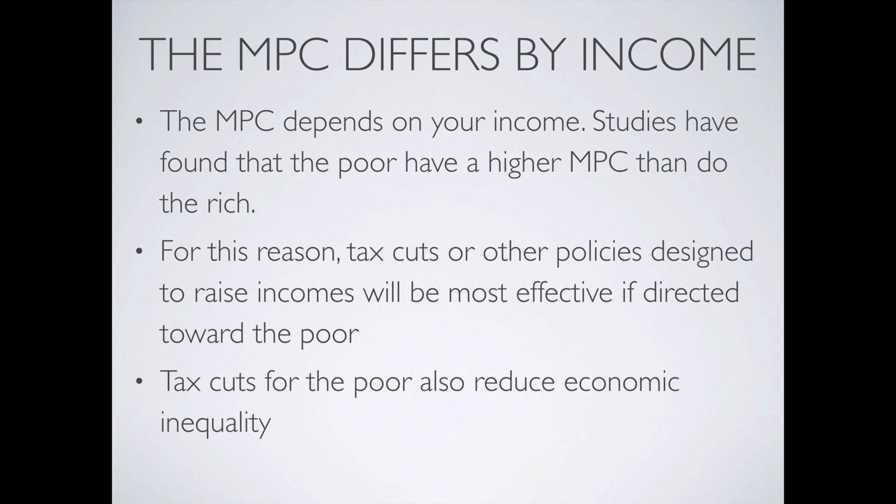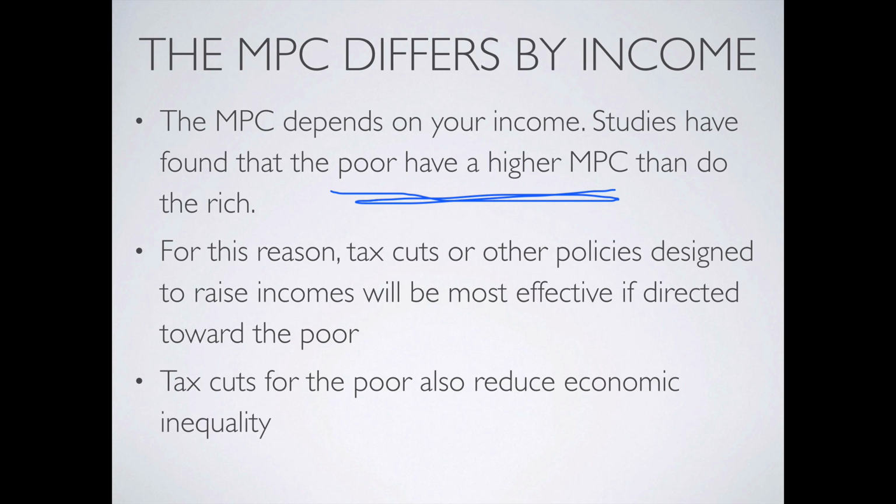Now, the marginal propensity to consume differs by income level. What we mean by that is, the poor have a higher marginal propensity to consume than the rich. Why would they have a higher marginal propensity to consume? Well, if you're poor, every dollar of your income is pretty much spoken for. It's very easy to fall behind on your bills.